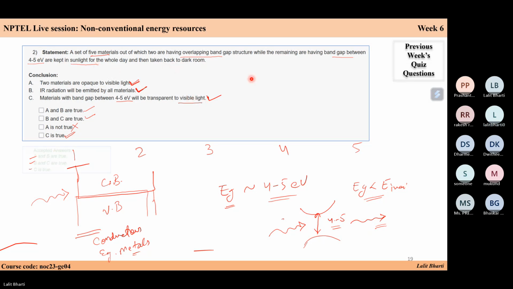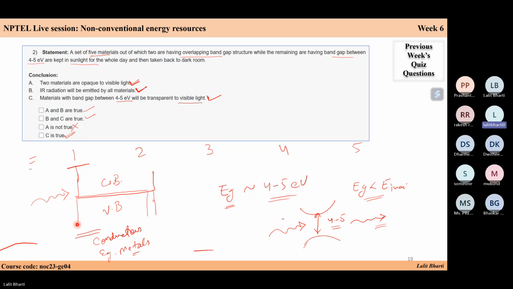So the conclusion: we have two materials that are opaque in the visible light. So the 2 means the first and second. So they are opaque to visible light. So we know that yes, conductors are not transparent to visible light.